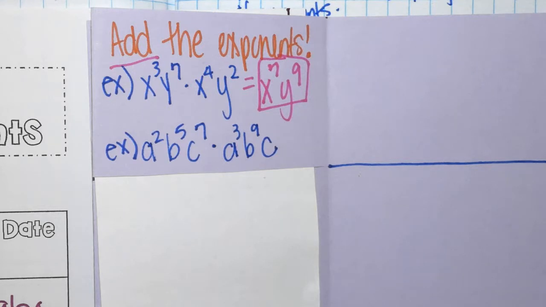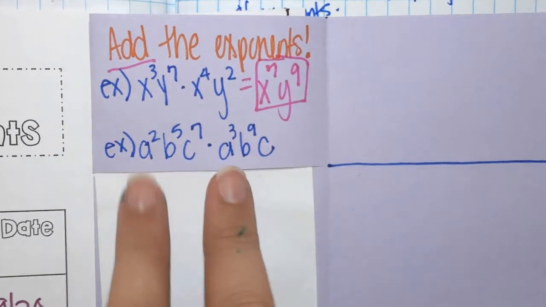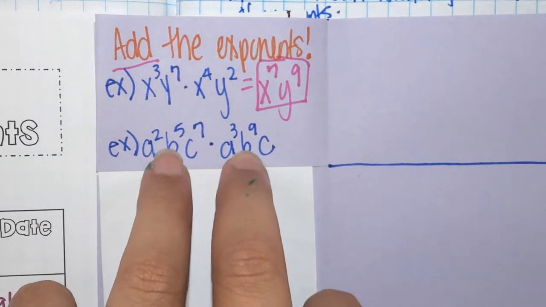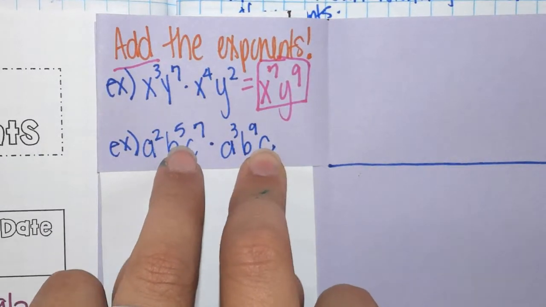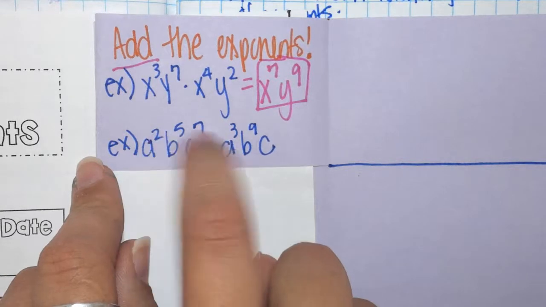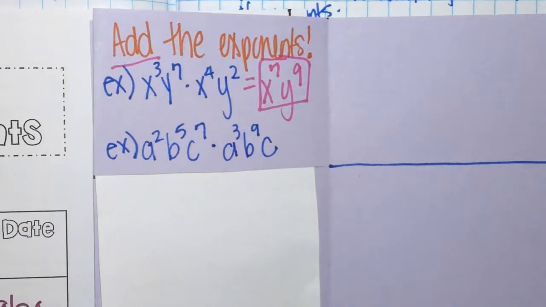Can we combine the exponents for a, b, and c? No, you can only combine the like bases. So a and a you can put together, b and b you can put together, c and c you can put together, but you cannot add all these together. You can only add like bases.